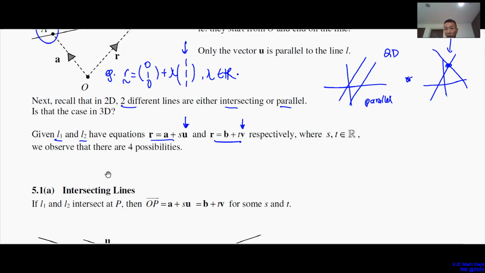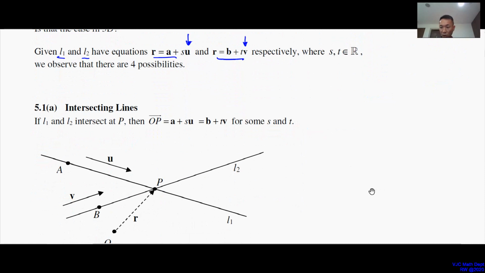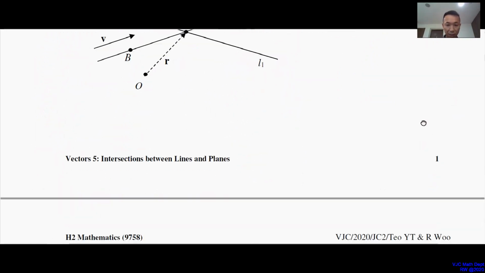First one, I think it's quite obvious: intersecting lines. If you have two pens up here, they can intersect at a point. It's 3D. So it's quite obvious, they are intersecting. When they intersect, they intersect at a point P.